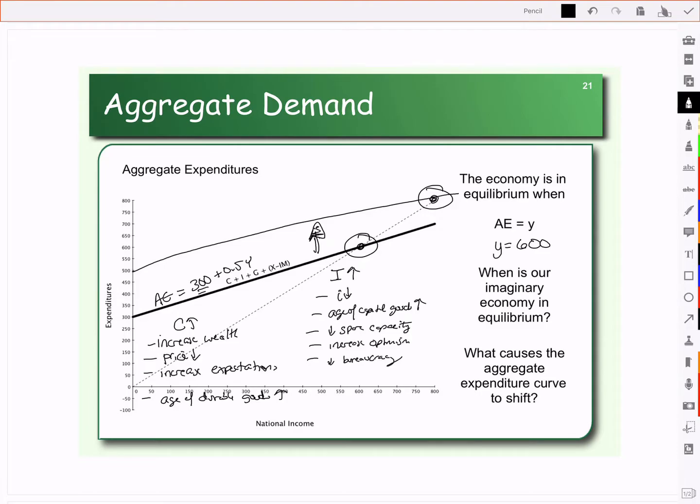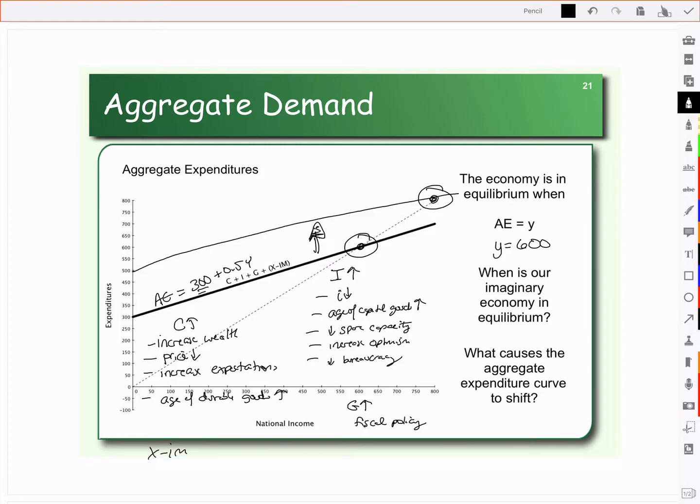All right, let's talk G. What would make government spending go up? Well, the government spending would go up if they're using fiscal policy to help stimulate the economy. All right, C, I, G, that leaves what? X minus IM.